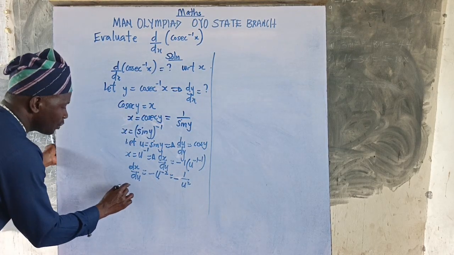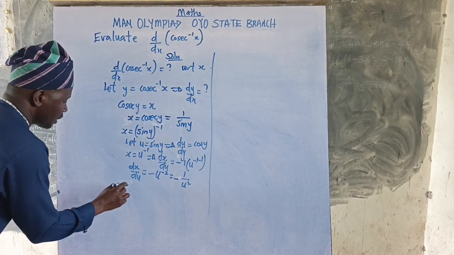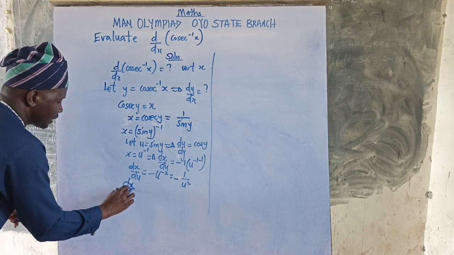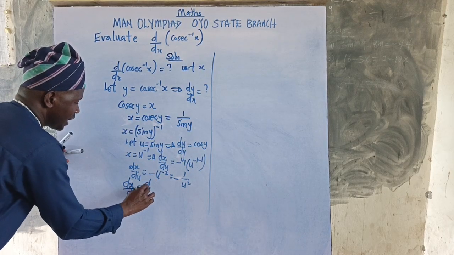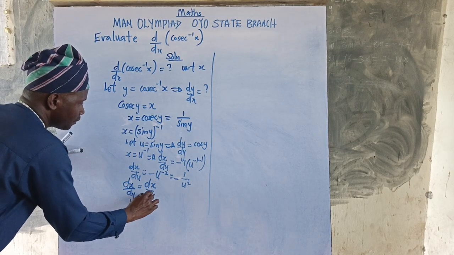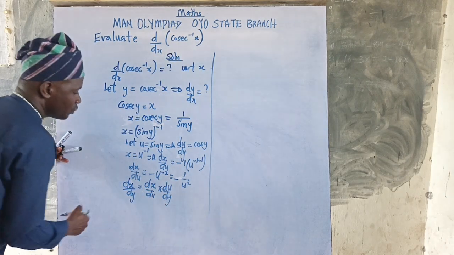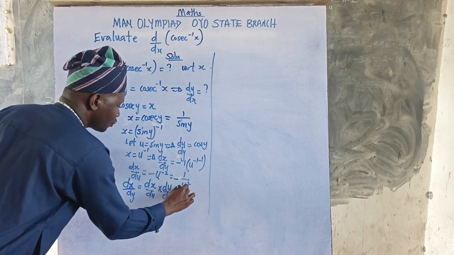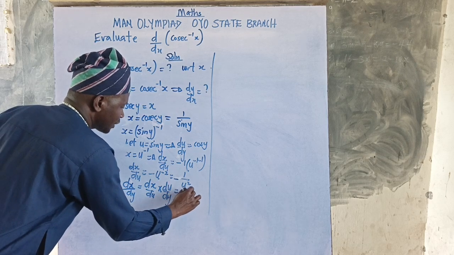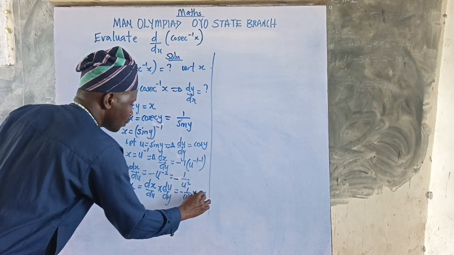So dx/dy will give us, multiplying together, dx/du multiplied by du/dy. So that the du will cancel out. We have dx/du, which is minus 1 over u squared, times du/dy, which equals cos y.